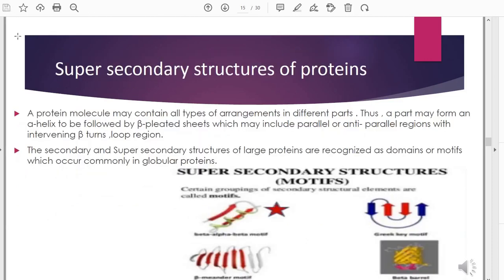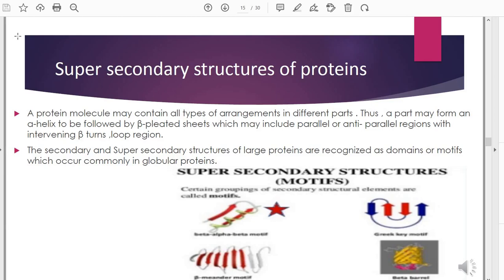There is what is called the super secondary structure of the protein. Super secondary means that there is a specific arrangement of the secondary structure of the protein to form what are called motifs. Motifs means a domain or a functional part of the protein. So when the protein molecule is arranged in the form of many types of secondary structure, the super secondary can contain alpha helix followed by beta pleated sheets.